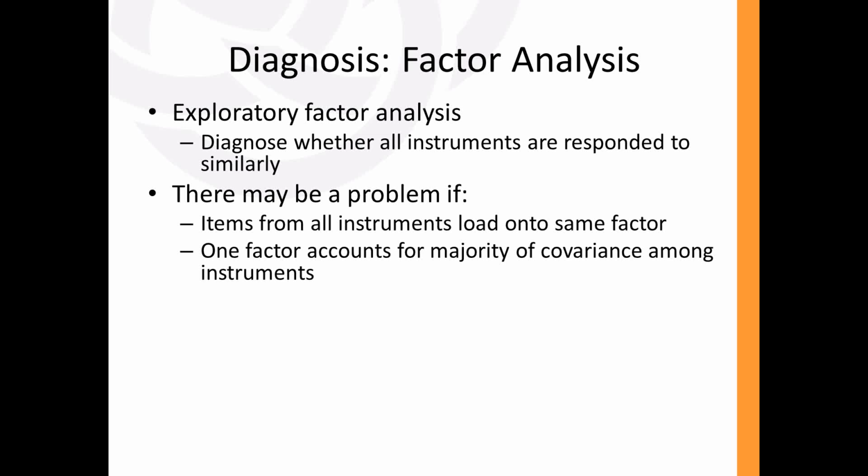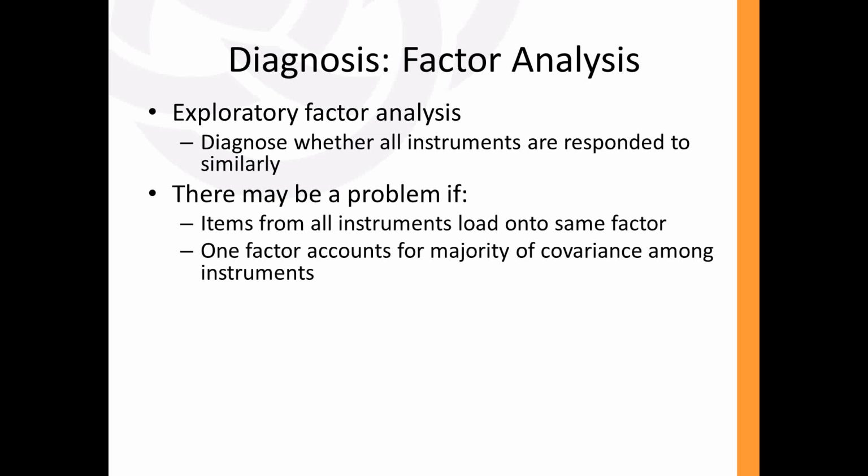So here, what you're looking for is whether you put all your instruments into a factor analysis and you look at whether all the items from instrument 1 and instrument 2 all load onto the same factor. If they do, it's a pretty strong clue that people have been responding the same way to all the items on both instruments, regardless of the content.